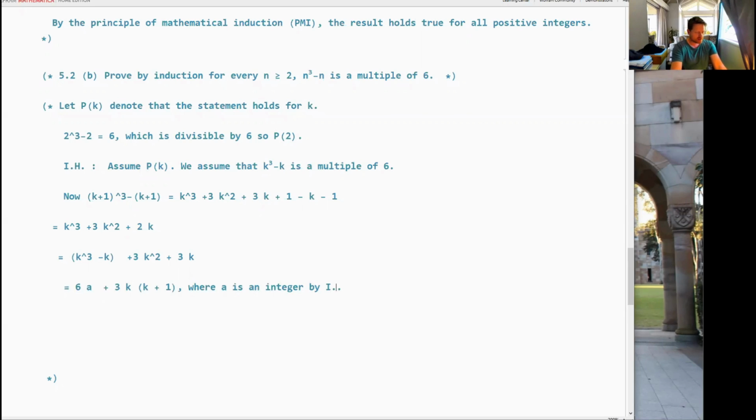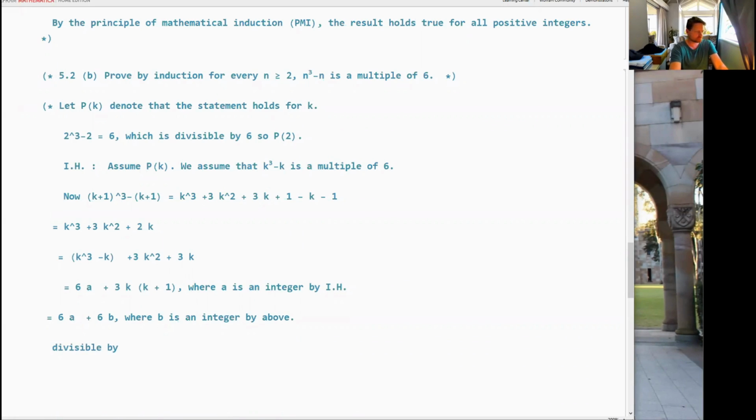So by induction hypothesis, next we'll say this is 6 times b, where b is an integer, by what we've done above, basically. I'll just say by above to abbreviate that. And we can see that this is divisible by 6.